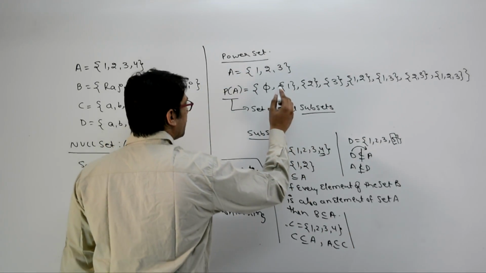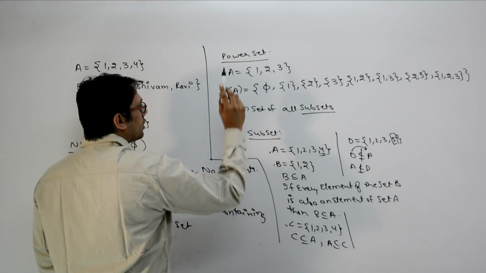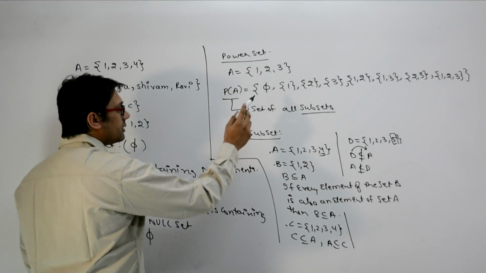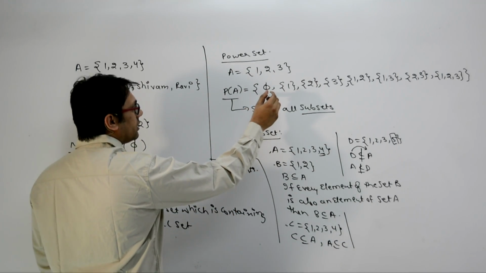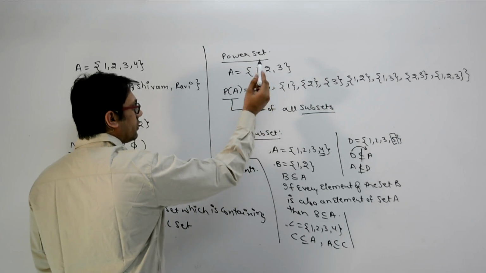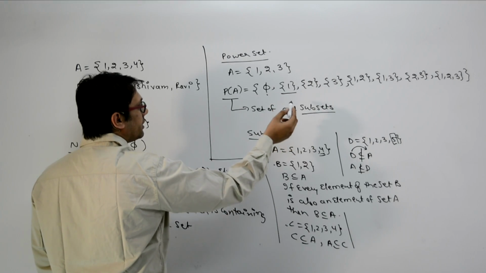Now here you can see in the case of power set, I said that power set is the set of all subsets of a particular set. In this case, you can see we have a set phi. Phi is a subset of all the sets. We have this set which is containing only one single element 1.